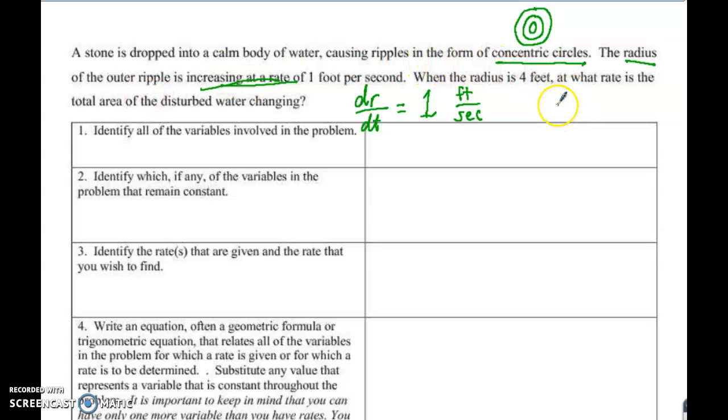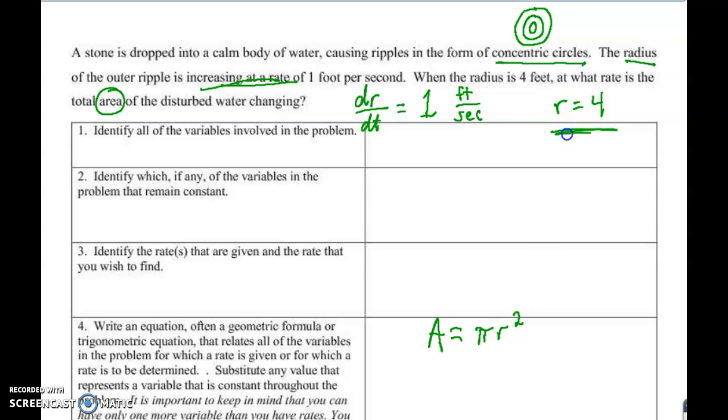Okay, when the radius is 4 feet, r equals 4, at what rate is the total area of disturbed water changing? As I'm looking at this, because the question says area, I would want to investigate a formula for area, which is actually step 4 here. And in case you've forgotten, the area of a circle is pi r squared.